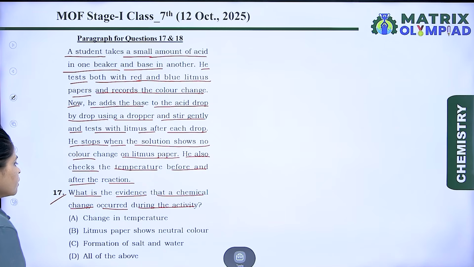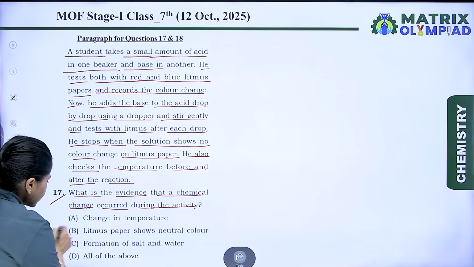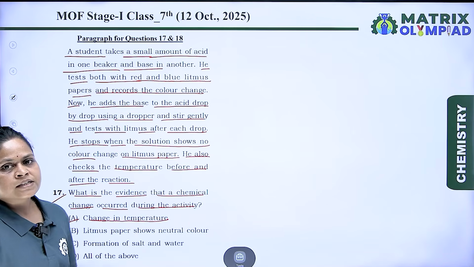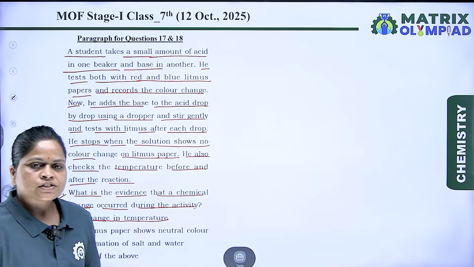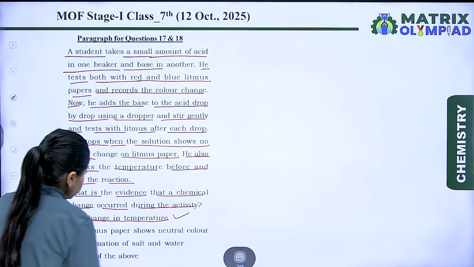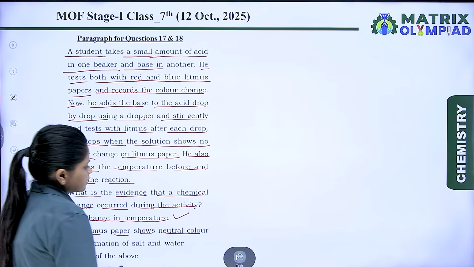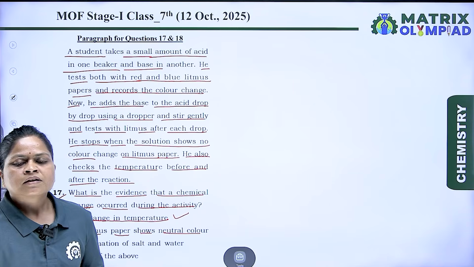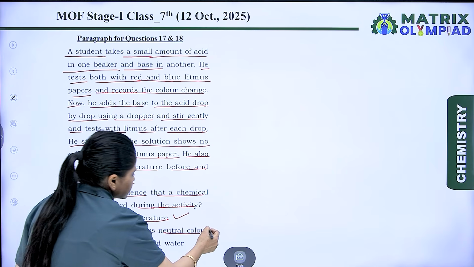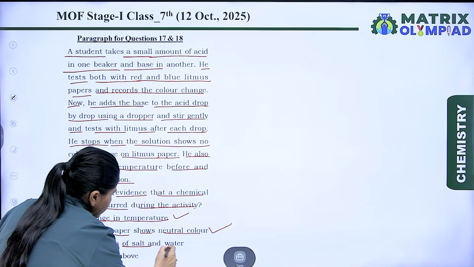Let's check. There is a chemical change. A. Change in temperature. Yes, in a chemical change, there will be a change in temperature. So, this can be correct. B. Litmus paper shows neutral color. Yes, if litmus paper shows neutral color, that means some reaction has occurred. C. Formation of salt and water.